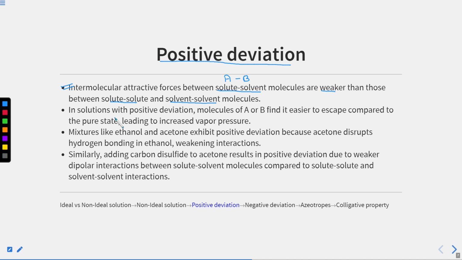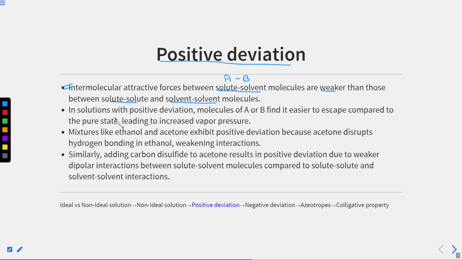So basically, initially A and B were interacting to a greater extent, individually. But when we mix A and B, the interaction that we get as a result, that is the AB interaction or the solute-solvent interaction, is reduced from the previous form.